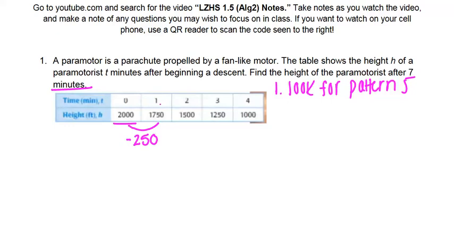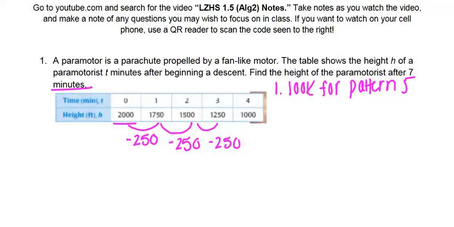I notice that from 1 minute to 2 minutes, the difference is the same. So it's another 250 feet, another 250 feet, and so on. So since that pattern is constant, we're going down 250 feet each minute, I'm going to try and use that to solve this problem.